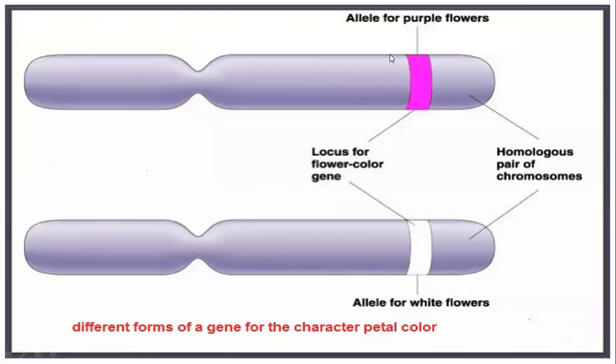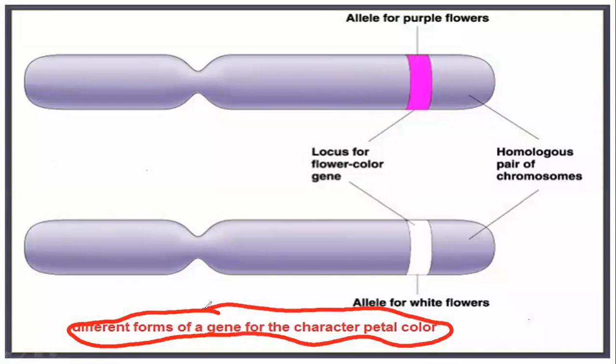These are different forms of genes for color. Let's suppose we are talking about petal color. You can look at the locus; the same locus is for the flower color. If I change the locus, I might have this one over here, maybe for pod shape or height.